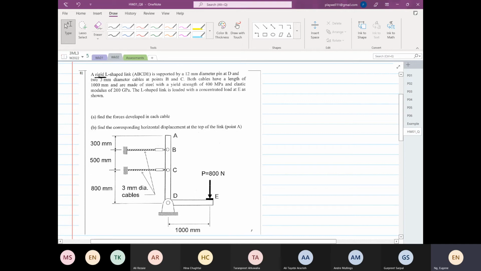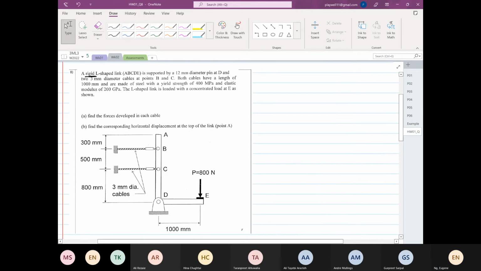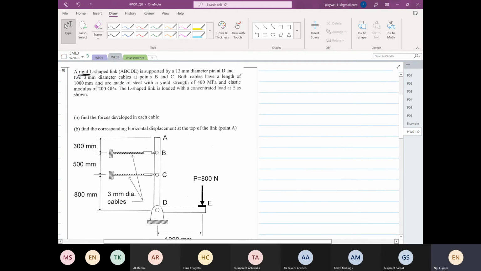Immediately we know that the area of cable B is equal to the area of cable C. So it's equal to pi multiplied by 1.5 times 10 to the power minus 3, squared.